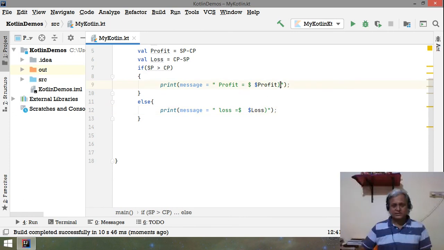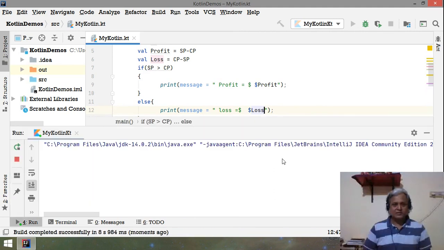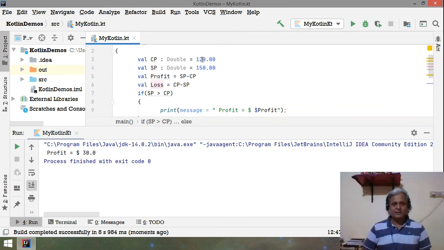Now this closing parenthesis is also not required, and here also. So I expect my answer will be dollar something and dollar something. Now let me rerun the code, and there you will find how this whole thing can be represented. Now you see the profit is $30.0.